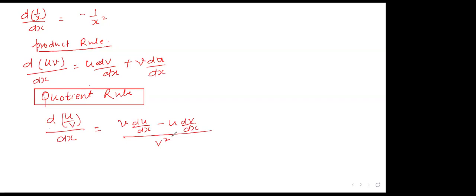And what about the chain rule? Chain rule suggests that if a function has a chain, it's chain rule. Let's take an example.